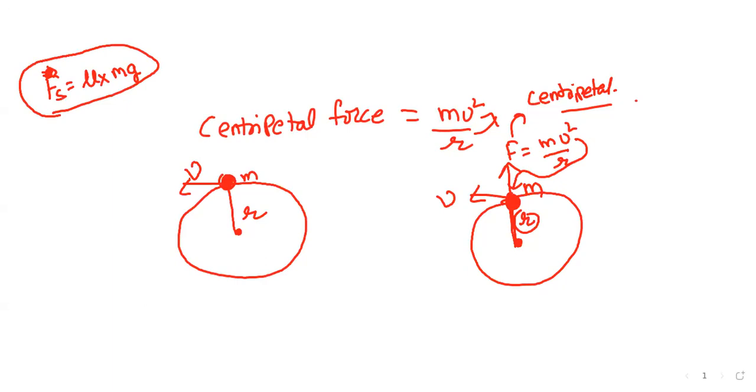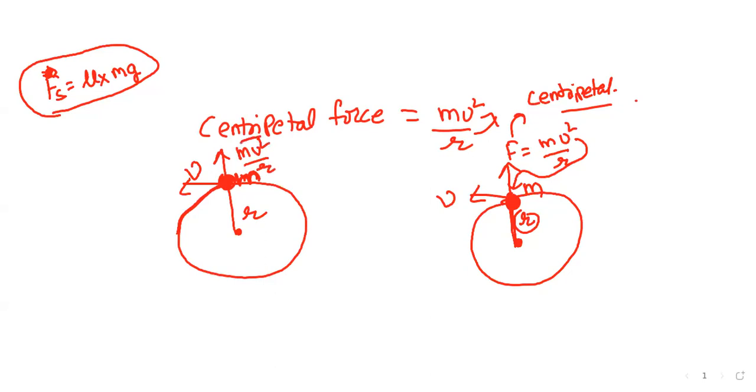Similarly, if there is a mass m moving in a circular path, it can be anything. It can be a satellite, or a merry-go-round which we see in a circus, or you just tie a stone and start rotating it in a circular path. Now this stone is going to experience a force which equals mv square upon r.